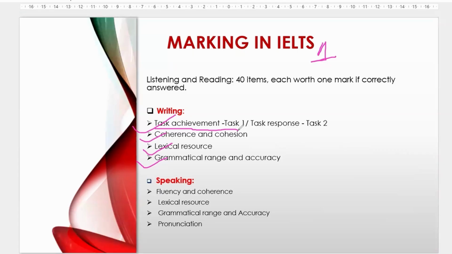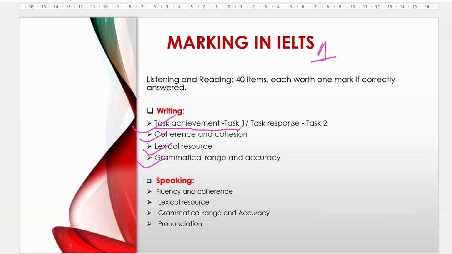Next one is grammatical range and accuracy. Your writing should contain various structures and should be free from the same type of structure. Better to avoid repetition of the same structure over and over. So this is the scoring criteria of IELTS writing.